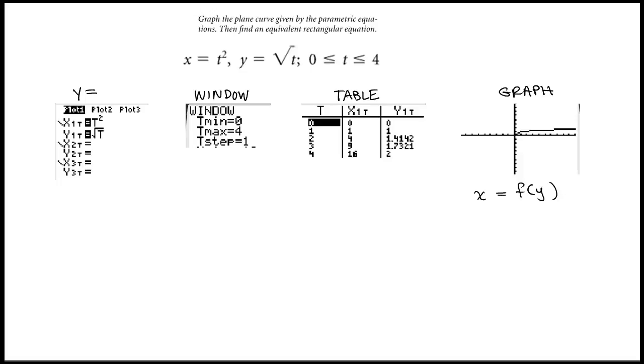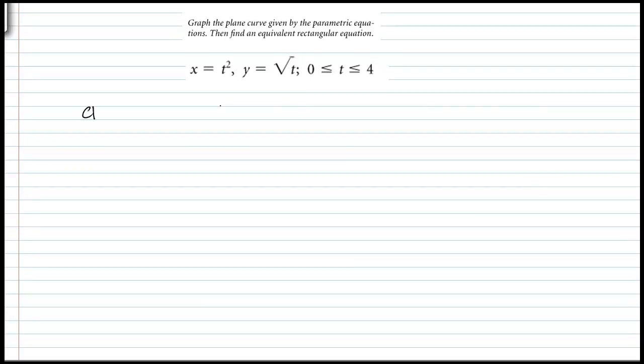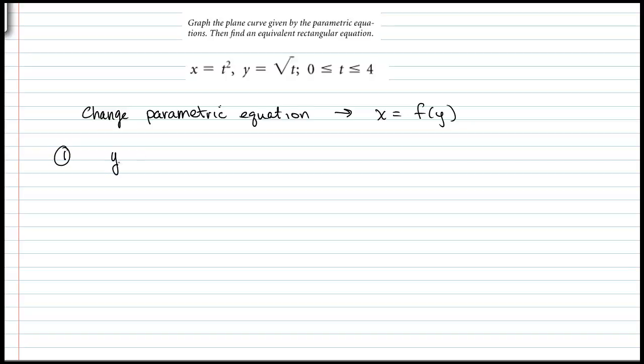So with that, let's go ahead and change the parametric equation into the form of x is equal to f of y. We can do that by taking y equals square root of t and solve for t.